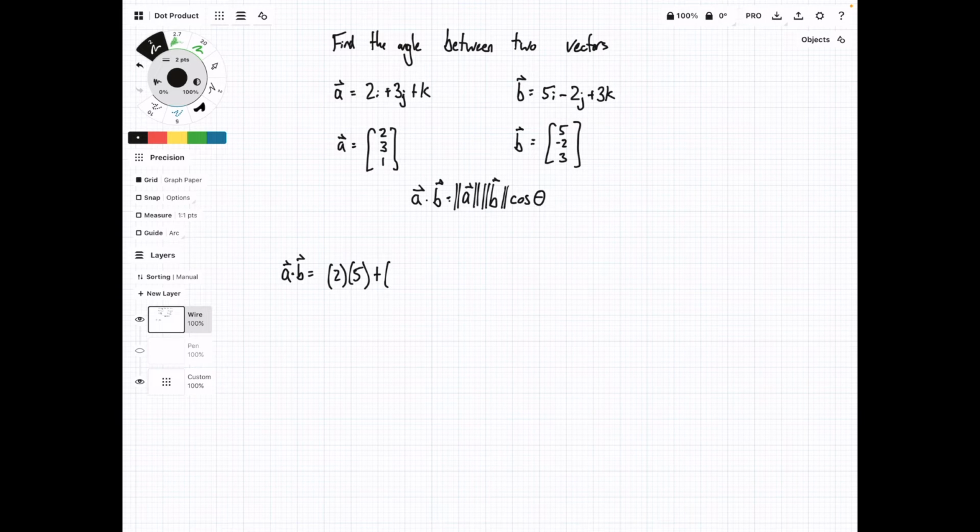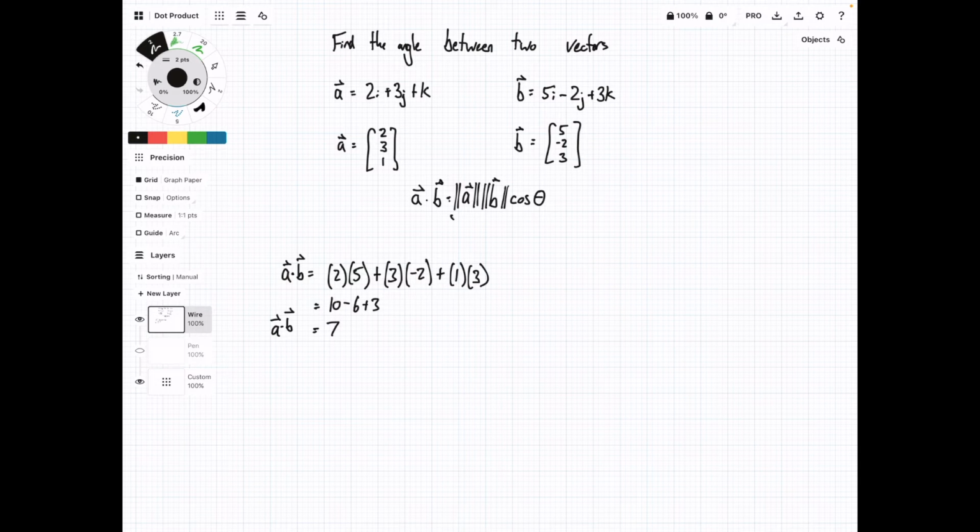And then Vy times Vy. So again, this Vy times this Vy. And then finally, Vz times Vz. If we do this out, we get 10 minus 6 plus 3. So this is going to be 7.